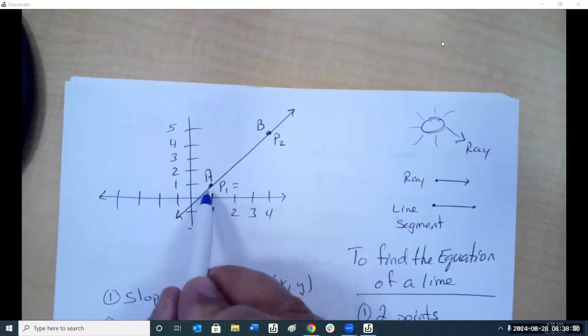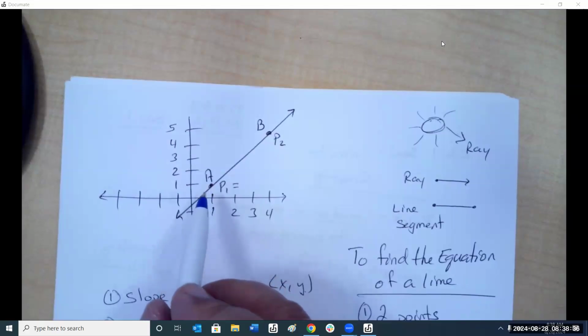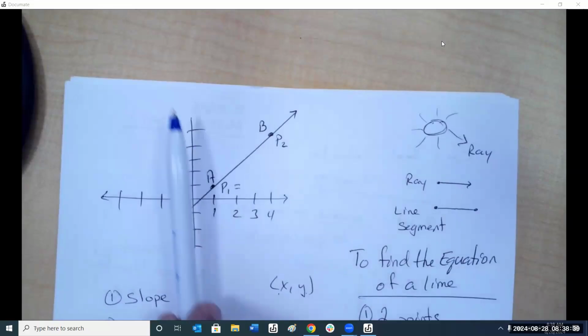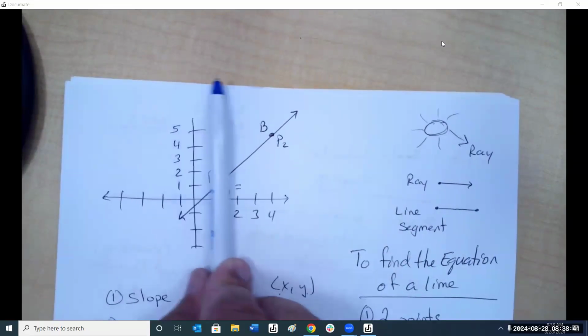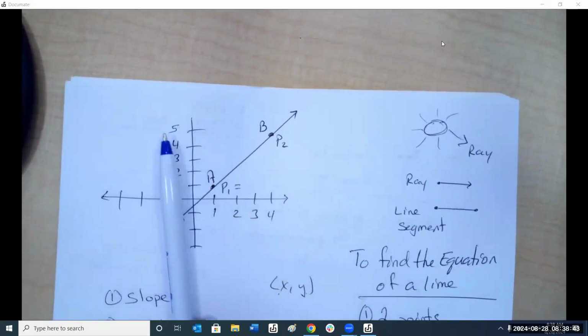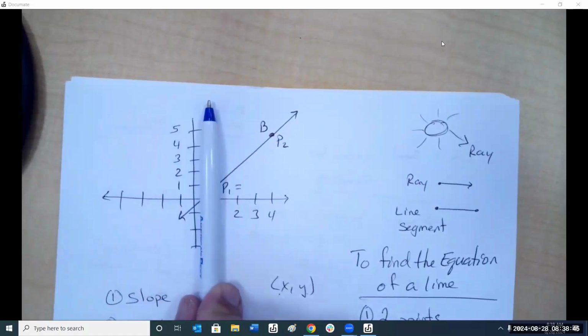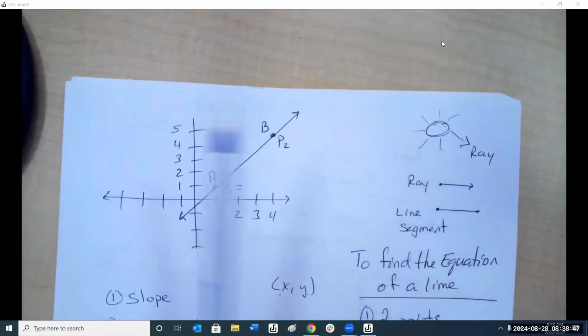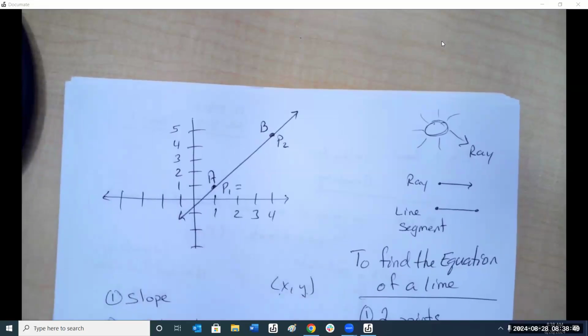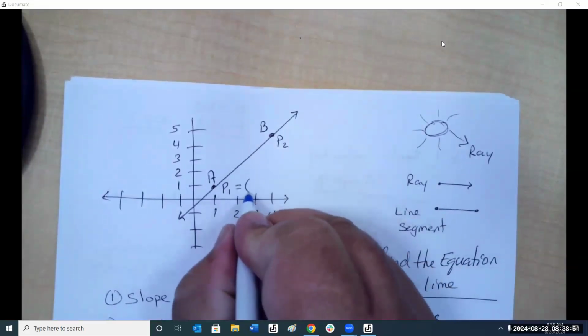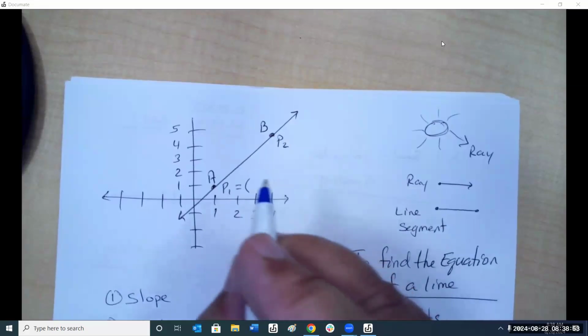Why is this point 1? In this case, yes. But typically it's the closest to the origin, yes. So no matter where it is, that's what we do. It's what number comes in first as we go left to right. So it's made up of an X and Y component, right?